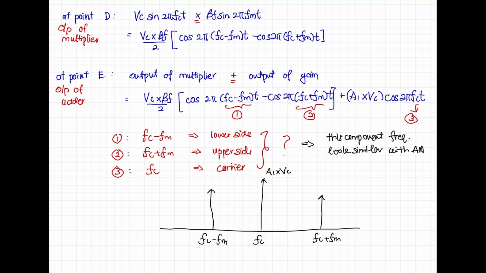This is actually narrow-band FM. Why? Because the bandwidth is the same as amplitude modulation: the bandwidth of narrow-band FM is equal to 2 times fm, the same as the bandwidth of AM.